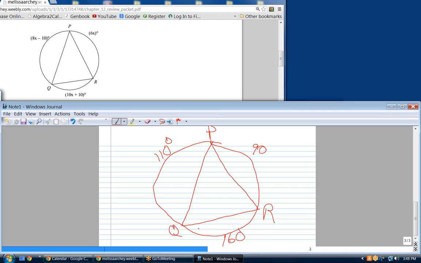Before we go any further, tell me what angle Q is. Q would have to be an acute angle. Well, have you had the formula yet where Q is equal to half of the intercepted arc? So I know that Q is equal to 45. No, we have not had that.